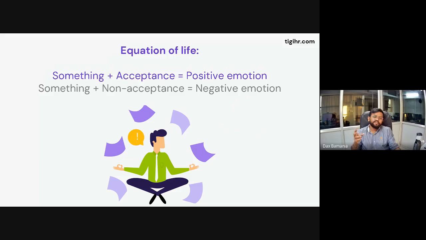Just think about HR who are not going to accept the technology: they will be completely replaced in the field, and someone else will take that place, right? So something plus non-acceptance equals negative emotion, and something plus acceptance equals positive emotion. We need to learn from this: accept the situation we get in life, and focus on the solution that we can do about it.